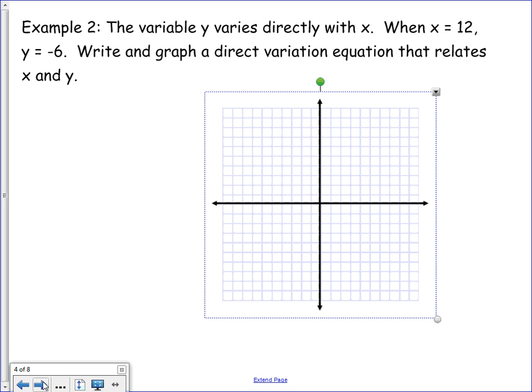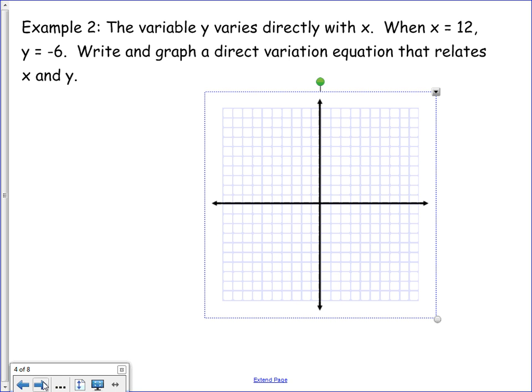Now in example 2, they're telling us that y varies directly with x, and when x is 12, y is -6. What we have to do is write a direct variation equation, and then graph that equation. First we need to find the value of k, the constant we're using here.